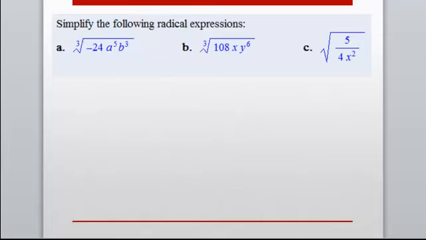Okay, so let's work a few problems. Maybe it's best if we use the prison method on all of these. So for this one, we have the cube root of this negative.